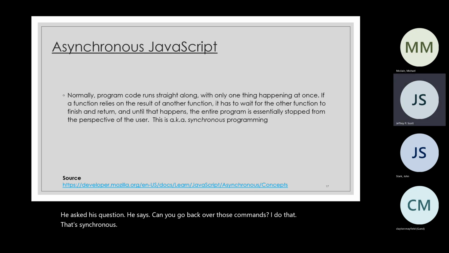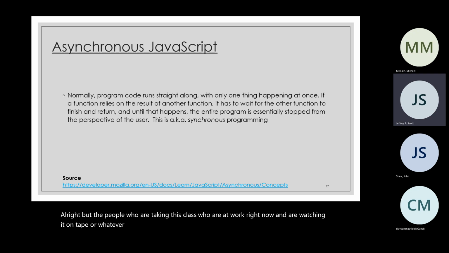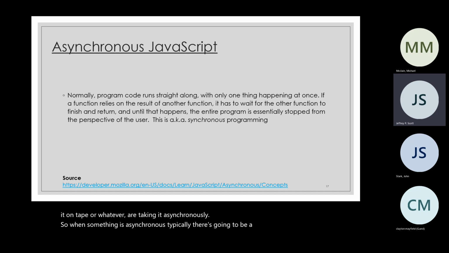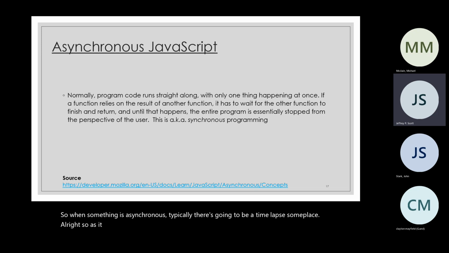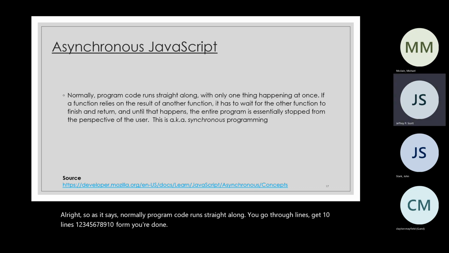But the people who are taking this class who are at work right now and are watching it on tape or whatever are taking it asynchronously. So when something is asynchronous, typically there's going to be a time lapse someplace. Normally program code runs straight along. You go through lines, you've got 10 lines, 1, 2, 3, 4, 5, 6, 7, 8, 9, 10, boom, you're done. Now, if a function relies on the result of another function, it has to wait.